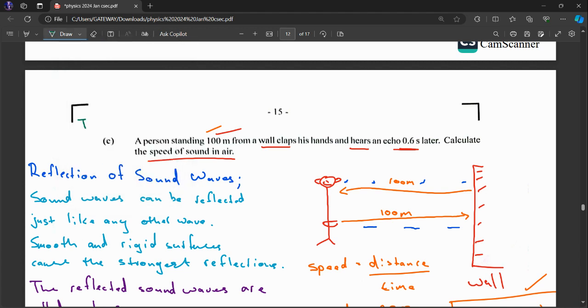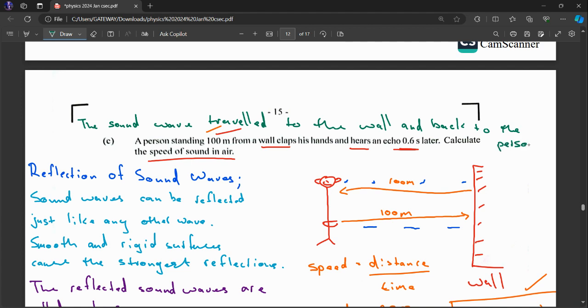So what I could put up here too is that the sound wave traveled to the wall and back to the person, right?